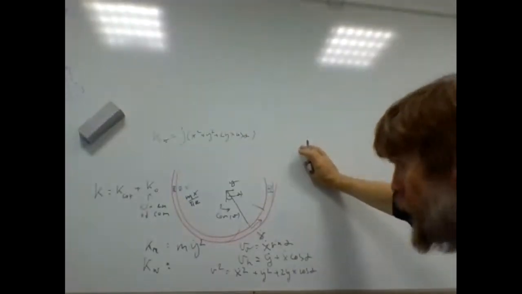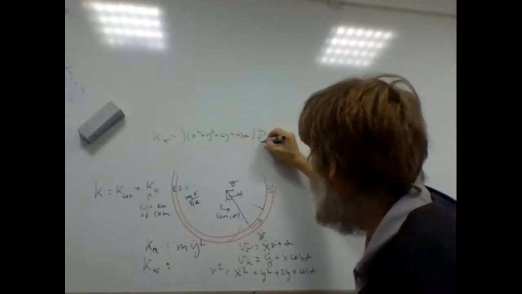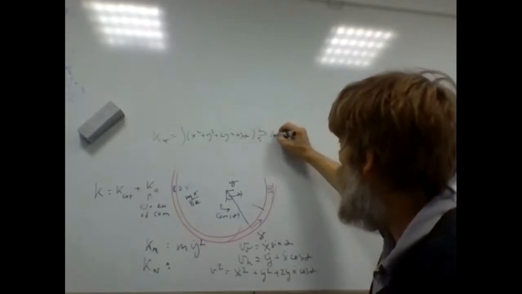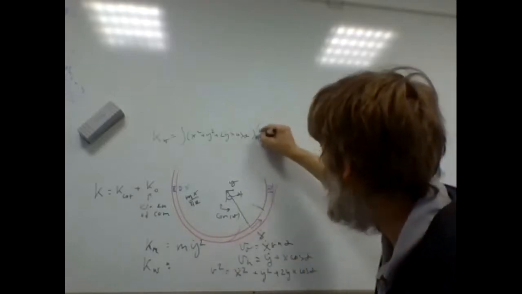But dm is the total mass divided by pi and multiplied by the angle d alpha: M d alpha divided by pi is dm.